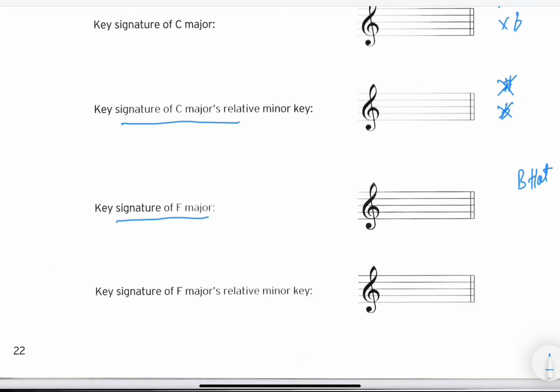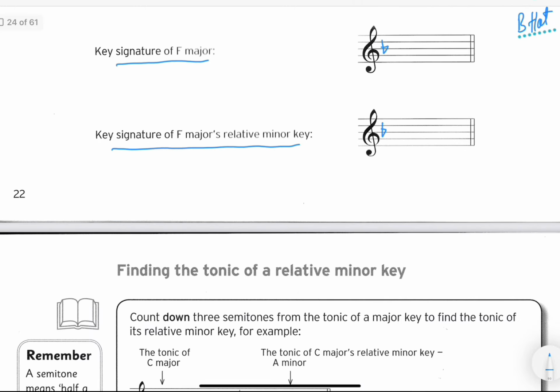So B has to be flat here. Definitely they share the same key signature, so we'll have B flat in that as well. I hope you understood. The relative minor key and major key share the same key signature.